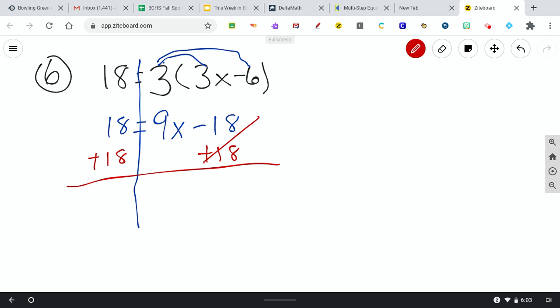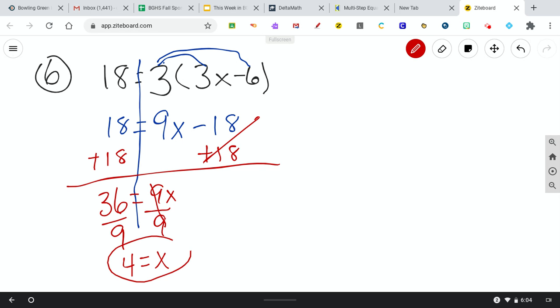That cancels. 18 plus 18 is 36 equals 9x. Now divide by 9. Divide by 9. 36 divided by 9 is 4. So x equals 4. So that one we should be okay with doing.